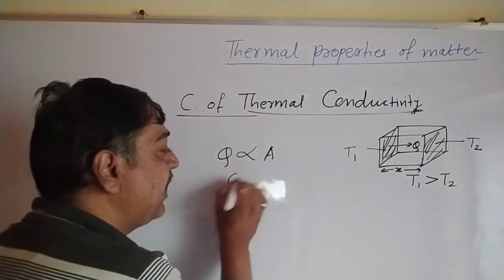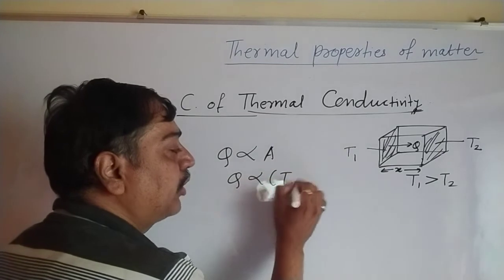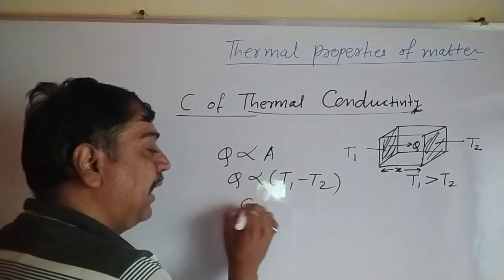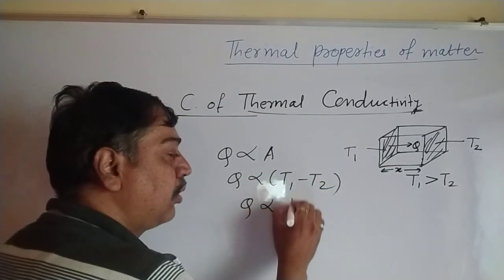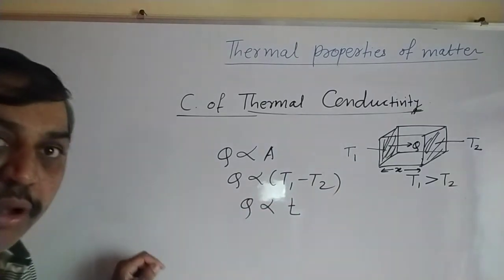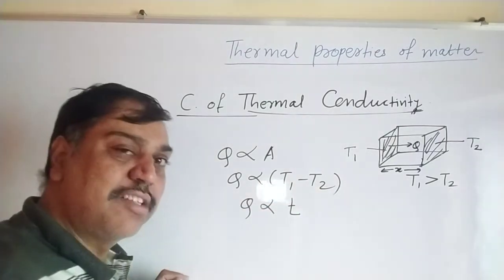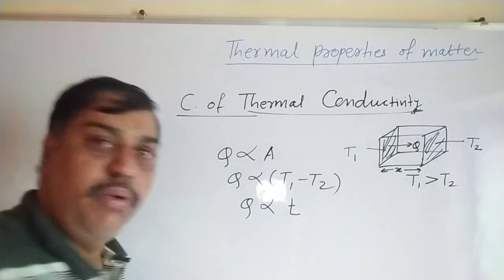Again, it is directly proportional to the change in temperature, T1 minus T2. Again, the same heat is directly proportional to time, the time for which we transfer the heat.